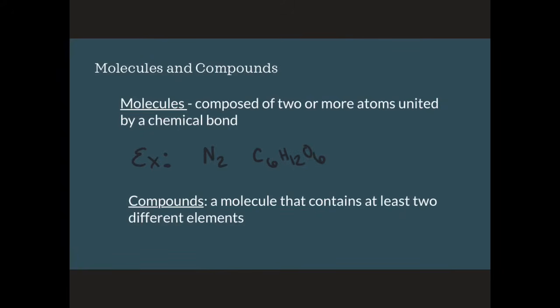An example of this would be carbon dioxide. So therefore, all compounds are molecules, but not all molecules are compounds. If a molecule has two of the same element, like nitrogen gas seen above, this would not be a compound. So this would be only a molecule and not a compound.